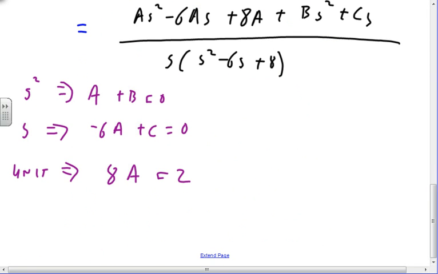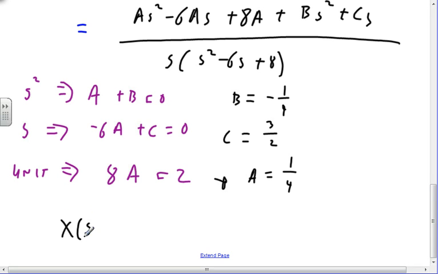Excellent. Well, we could use Cramer's rule if we wanted to, or we could say, by inspection, A is 1/4, B is minus 1/4, and C is 3/2. Okay, so now what do we have?